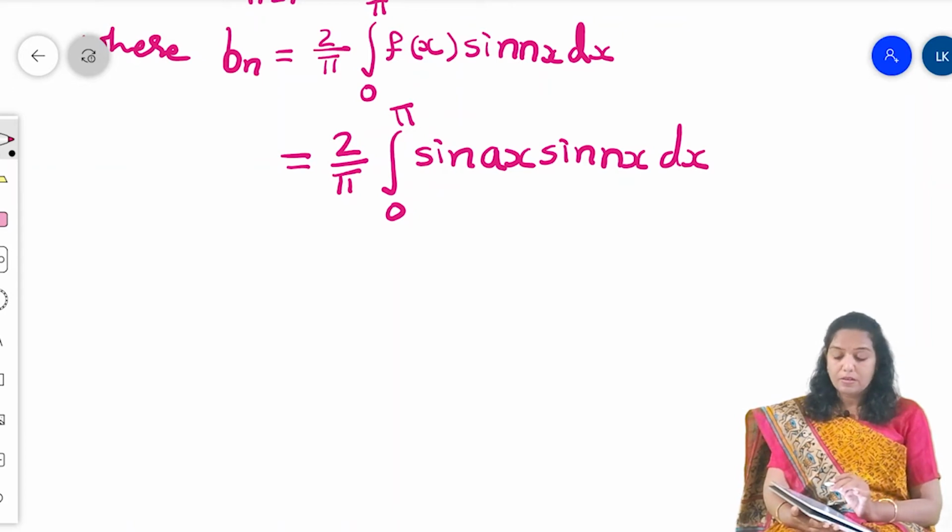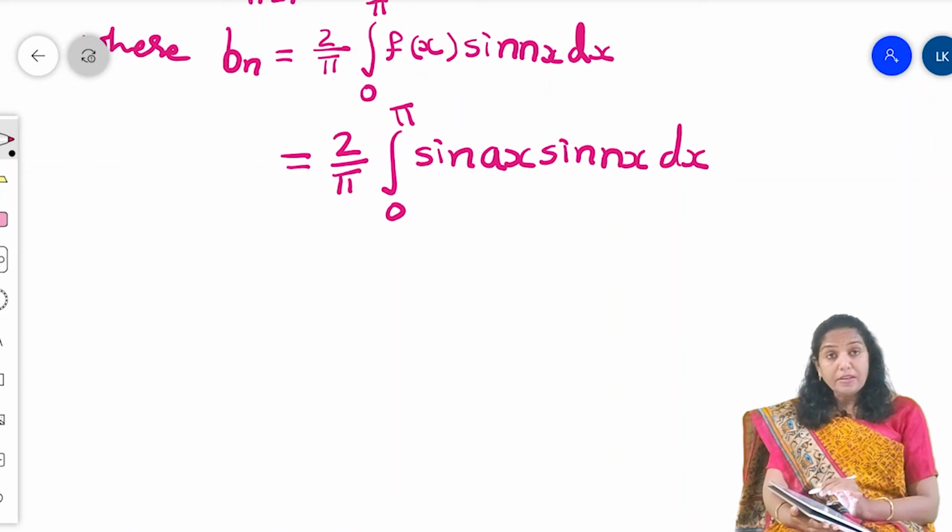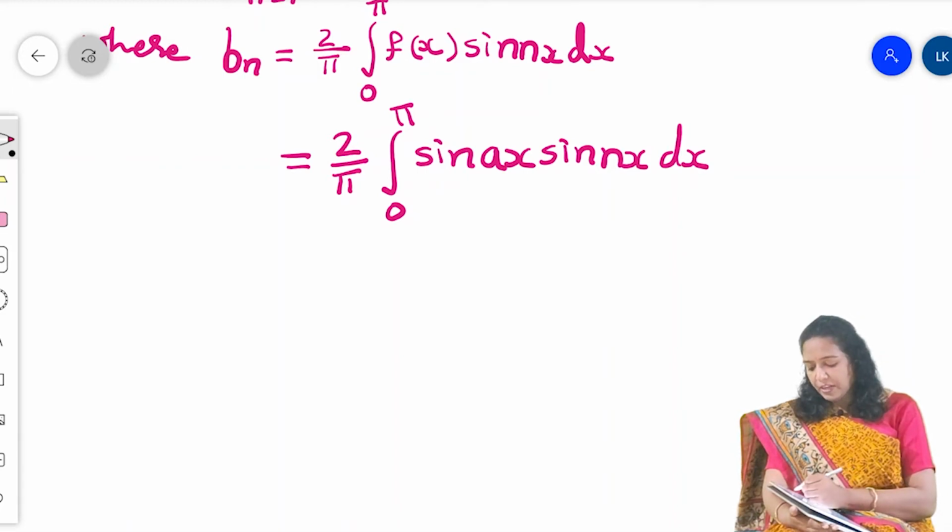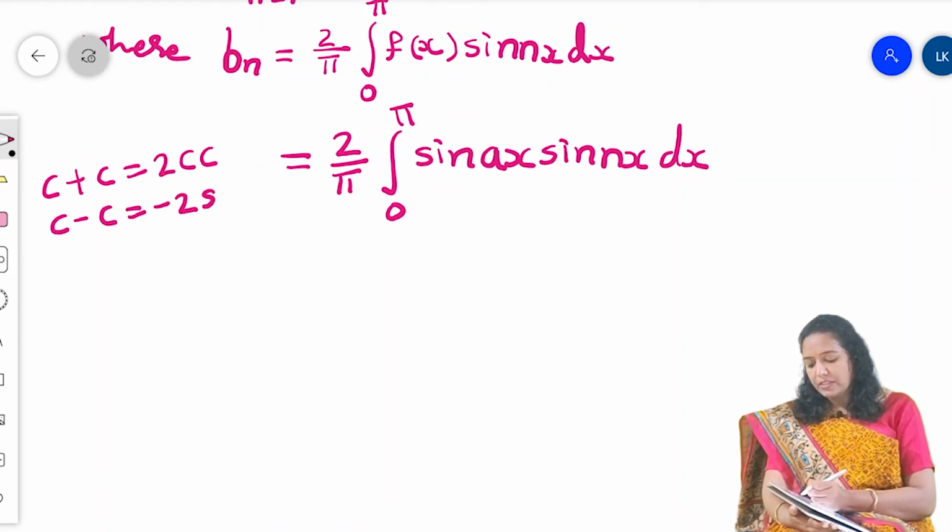Now here, we want to find the integral of a product of two sine functions. In 12th standard, we studied that c plus c is 2cc, c minus c is minus 2ss.